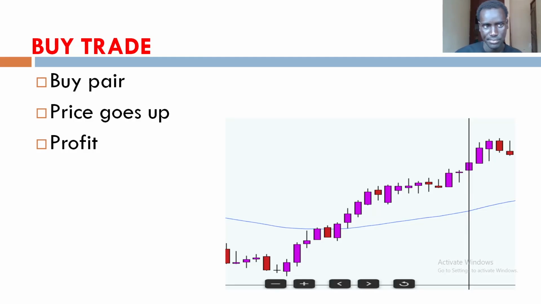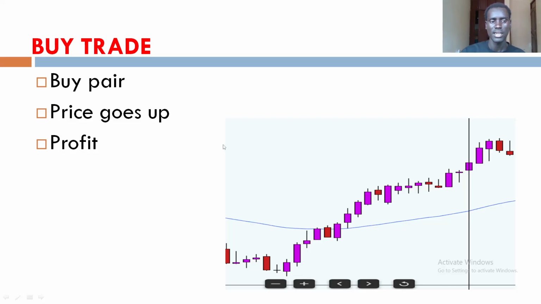Buy trade. In the Forex market, when prices are going up, we place what? We place buy. The reason why we place buy is to make what? Profit. Let me tell you this one. If you see candlesticks going up, it means buy.